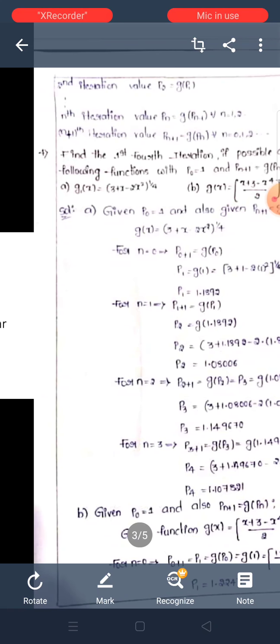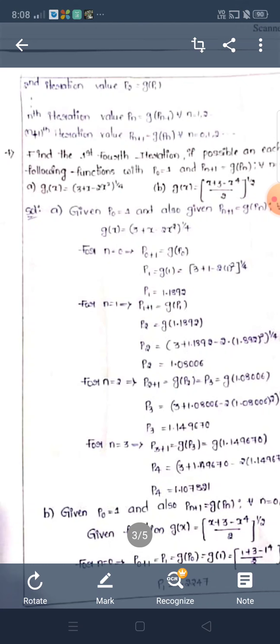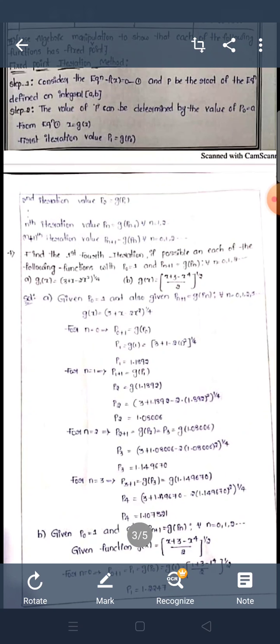For n equals 0, P0 plus 1 is equal to P1 is equal to g of P0 is equal to g of 1 is equal to (1 plus 3 minus 1 power 4 by 2) whole power 1 by 2. Therefore, P1 is equal to 1.2247.